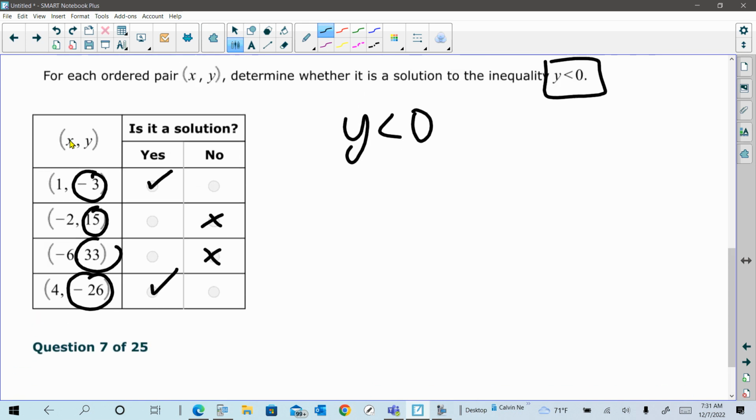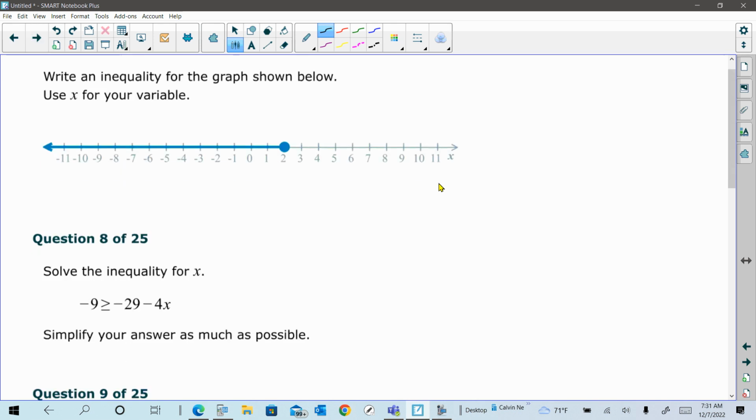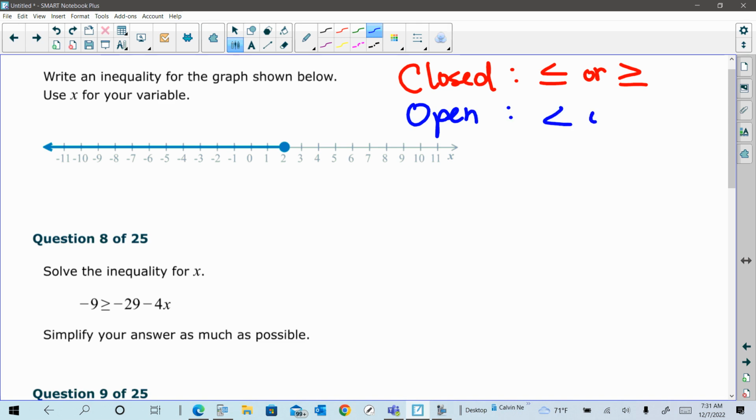All right, so for question 27, out of the 25, all they want you to do, you might have to graph it or you have to write it. So you just have to remember your symbols. If it's a closed dot, closed means you're going to use less than or equal to or greater than or equal to. If it's an open circle or open dot, you're using less than or greater than.